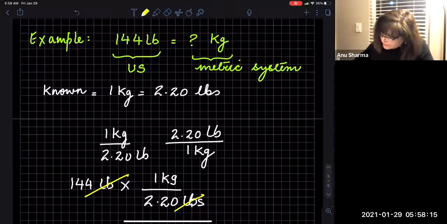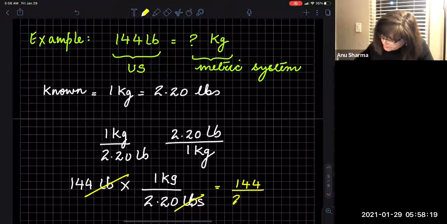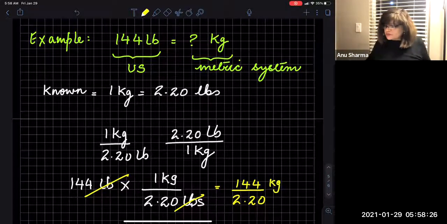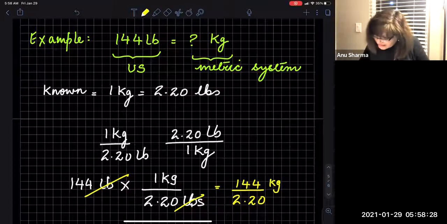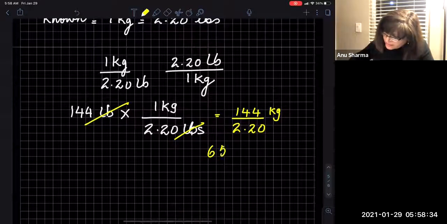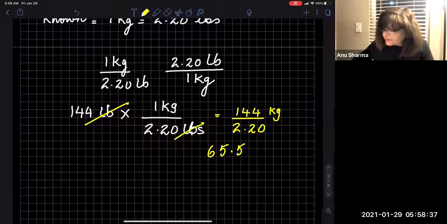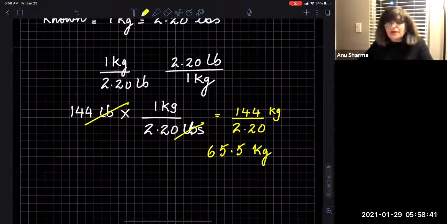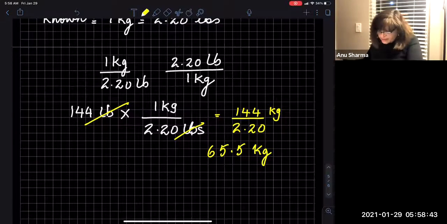So when you do the computation, it's 144 divided by 2.20, and the answer to this one is 65.5 kilograms.